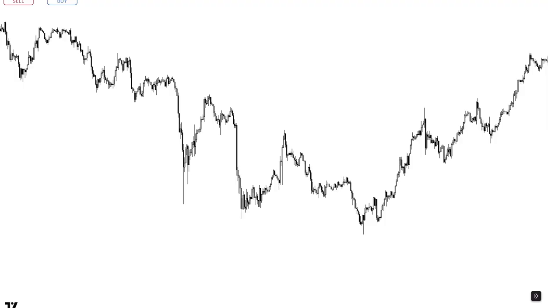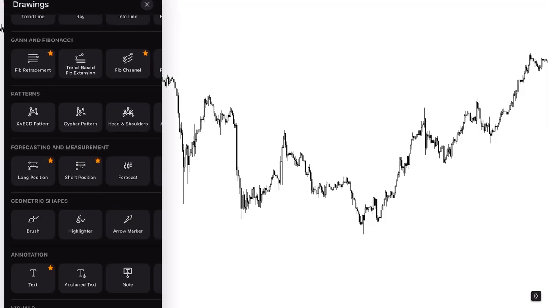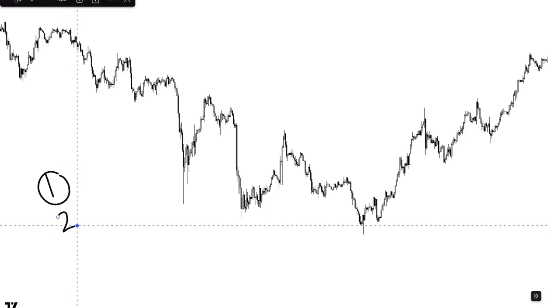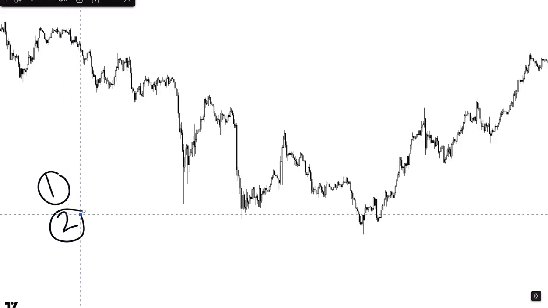Models. Entry models. Now, in this lesson, you're going to see three main entry models. First of all, model number one. Second of all, true market structure shift.